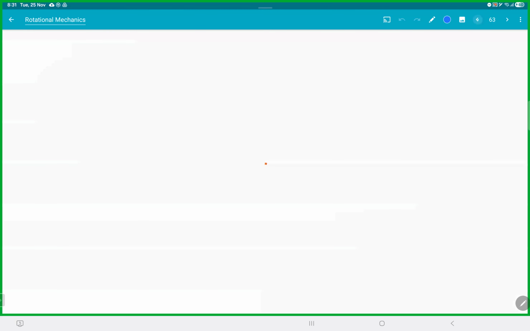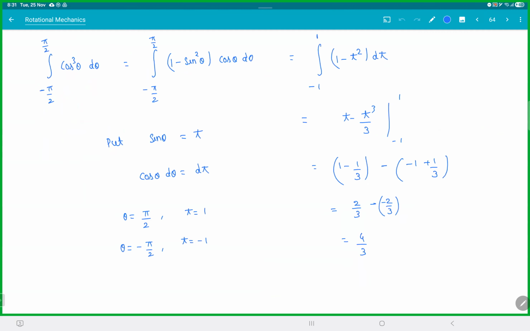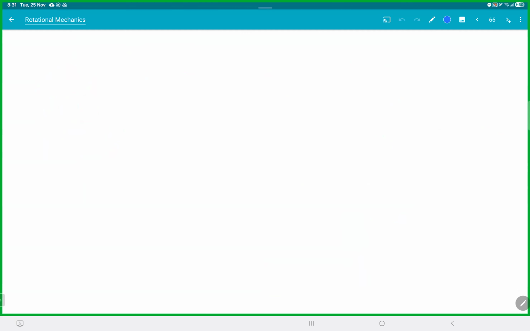Let's go ahead with one more. This is your x-axis, this is your y-axis.